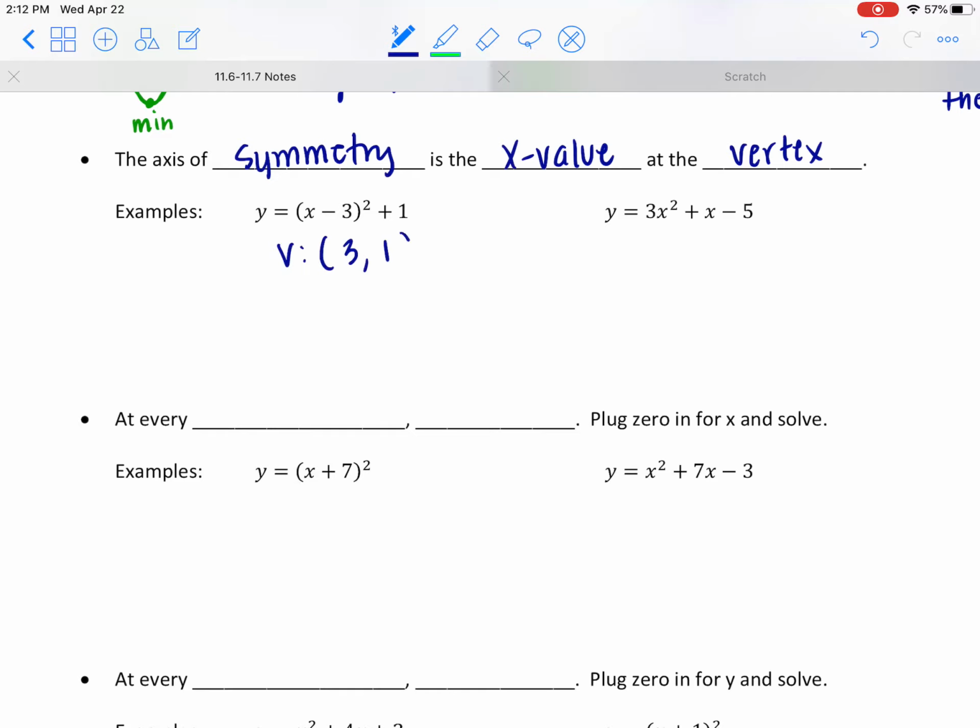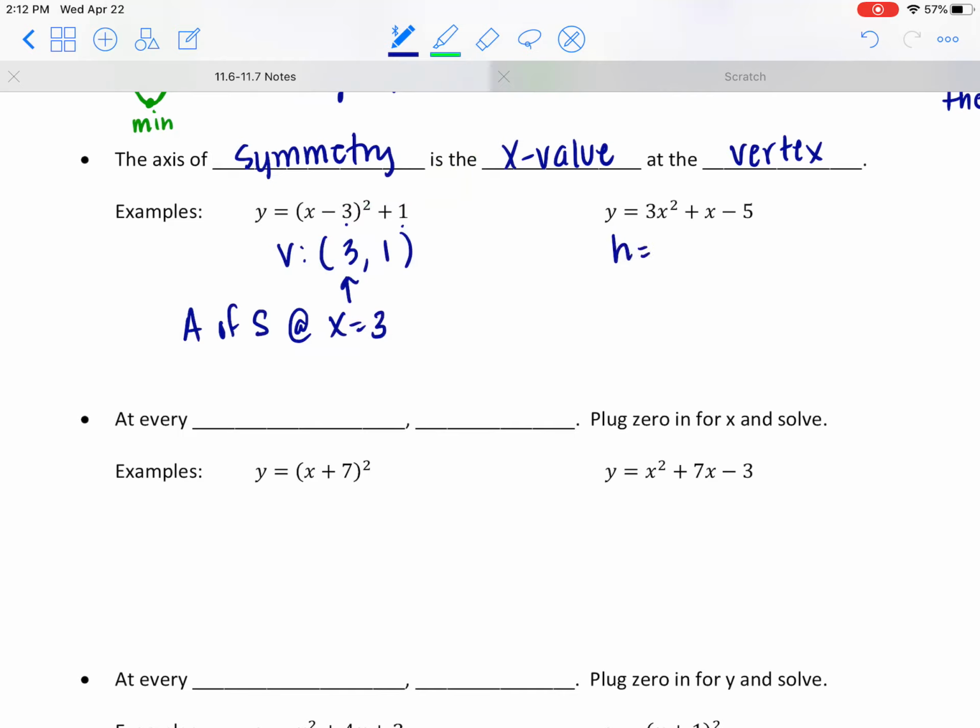So again, if we can identify the vertex, then the x value at that vertex will be where our axis of symmetry is. So here's one in vertex form. I can see my vertex is going to be at positive 3, positive 1. Change that sign, keep that sign. That is the x value. So x equals 3 is our axis of symmetry.